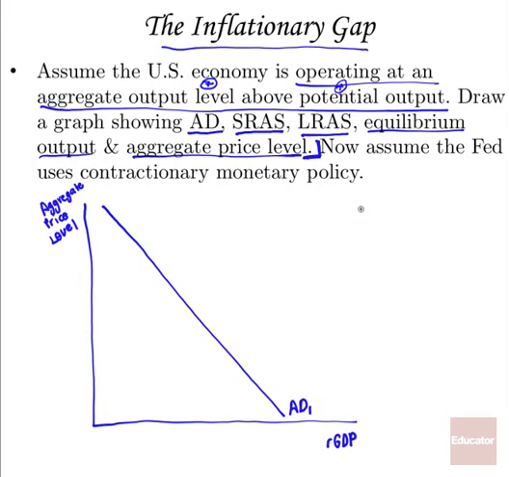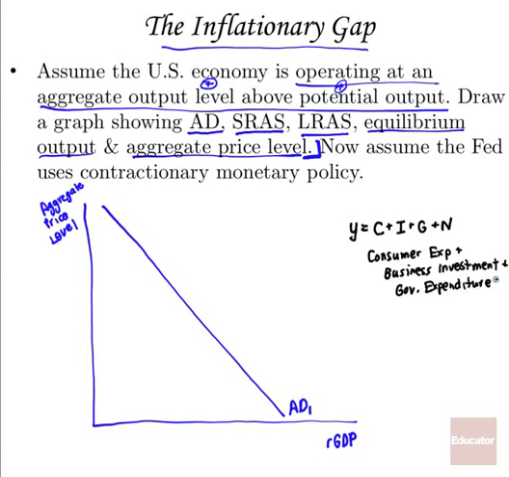Remember, aggregate demand, so let's put as much of the macroeconomics as we can onto each single page here, is going to be Y equals C plus I plus G plus NX. What's composed of this aggregate demand is consumer expenditures plus business investment plus government expenditures plus net exports.